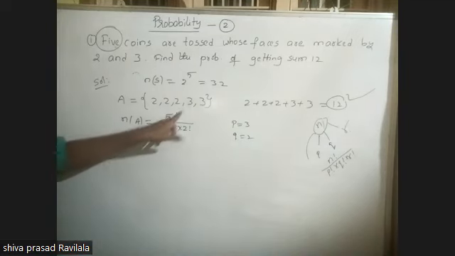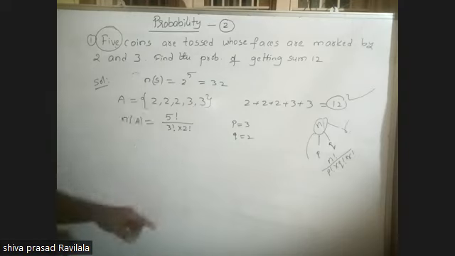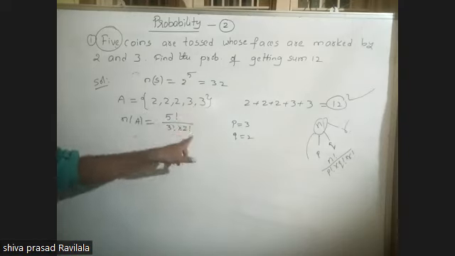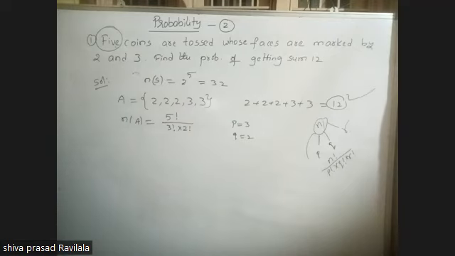This 3 is the 3 times of 2 and this 2 is the 2 times of 3. N factorial by P factorial into Q factorial because of that reason. Clear?